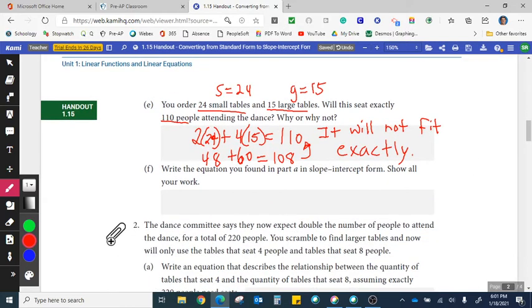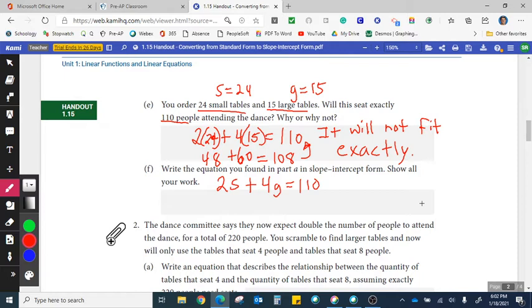All right. So now it says write the equation you found in part A in slope-intercept form. Show all of your work. So we found the equation to be 2s plus 4g equals 110.